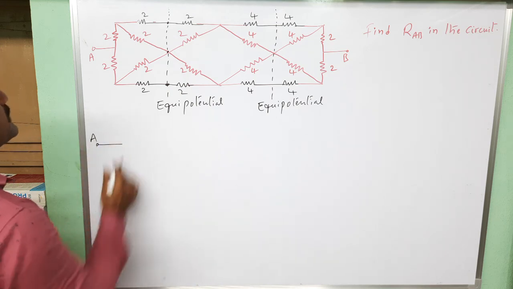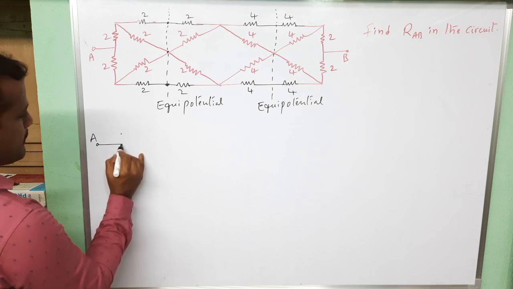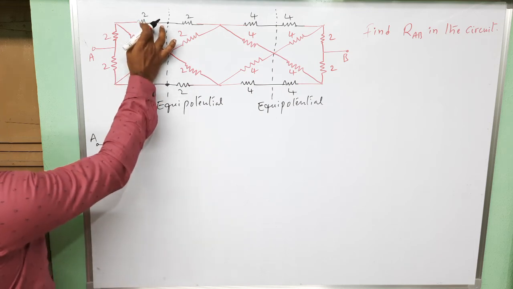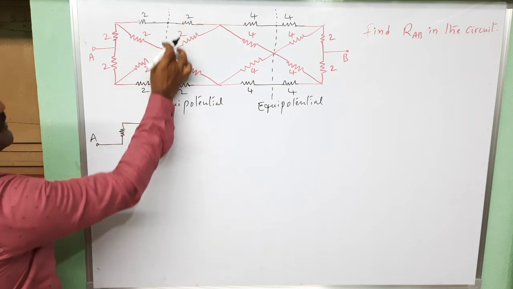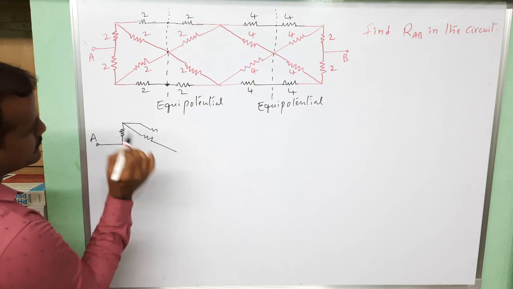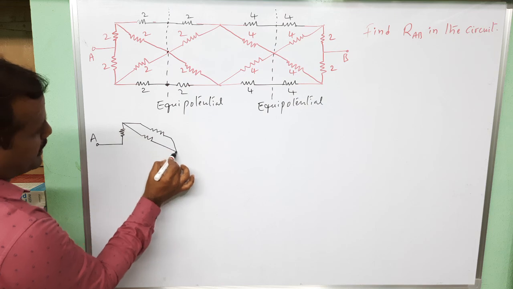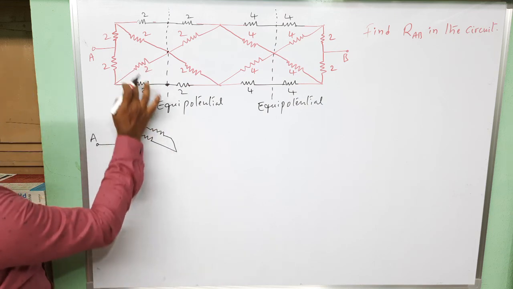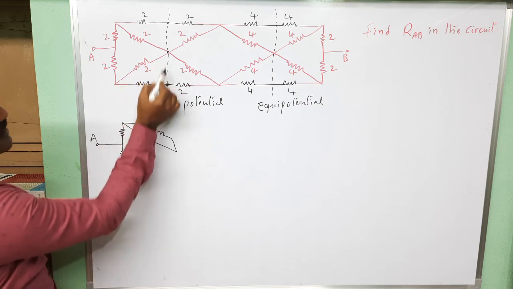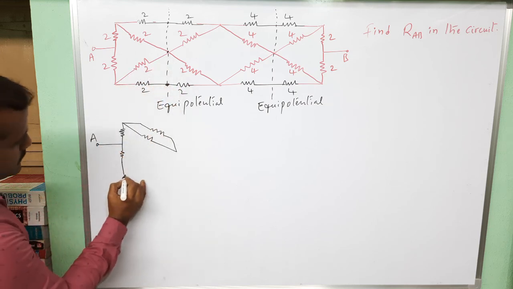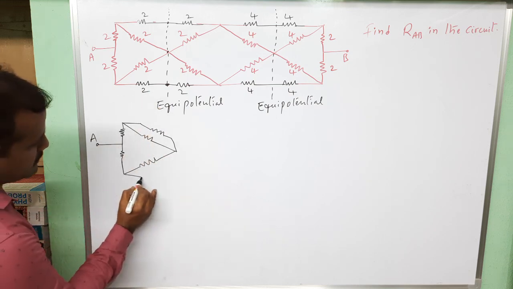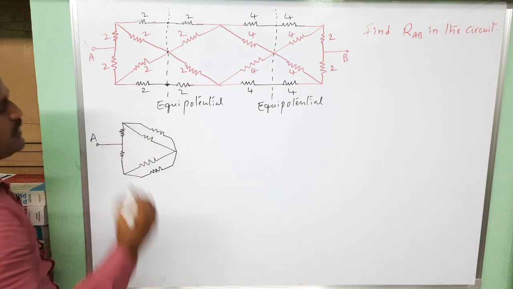This is the point A, first 2 ohms, next these 2 ohms in parallel with 2 ohm when we combine these 2 points. Already one 2 ohm resistance like this, and these 2 ohms in parallel with this. Next, this is a 2 ohm resistance, and these two will become in parallel after combining these 2 points. So a 2 ohm resistance, this 2 ohm is in parallel with this, like this.